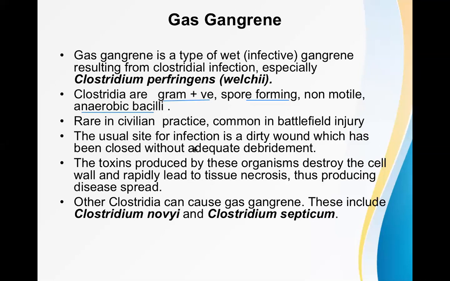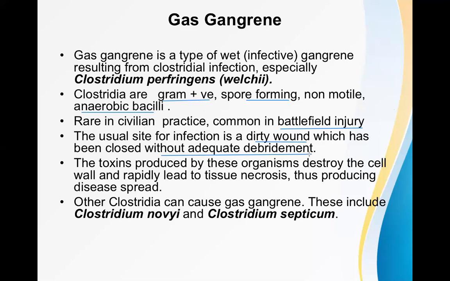Now, they are rare in civilian practice, but they are common in battlefield injury, especially gunshot injury or bullet injury, which is commonly associated with Clostridium perfringens infection. The usual site for infection is a dirty wound which has been closed without adequate debridement. A bit similar to Clostridium tetani here.